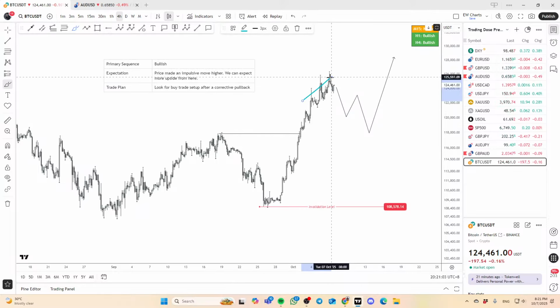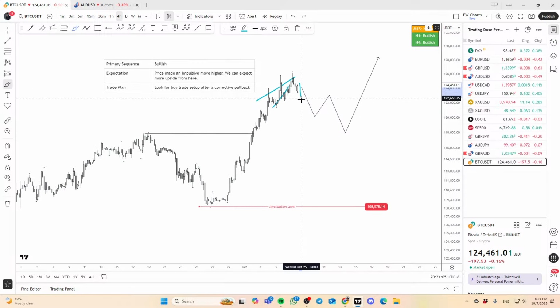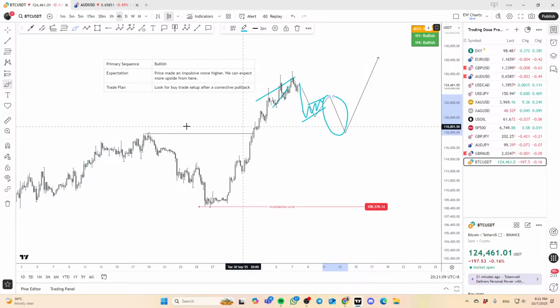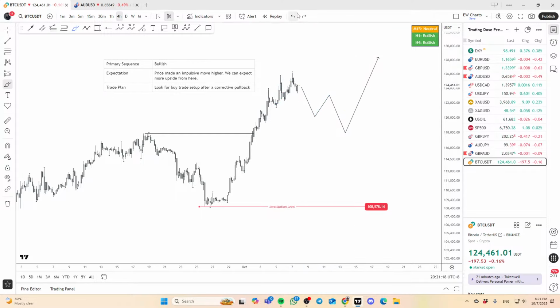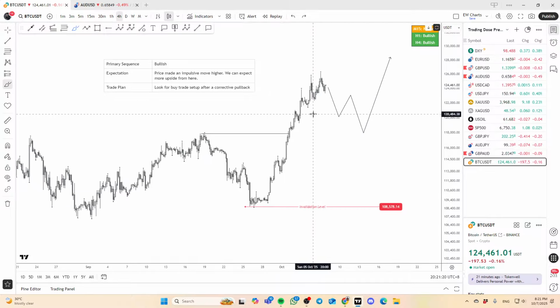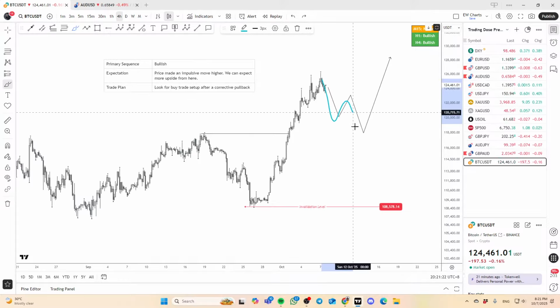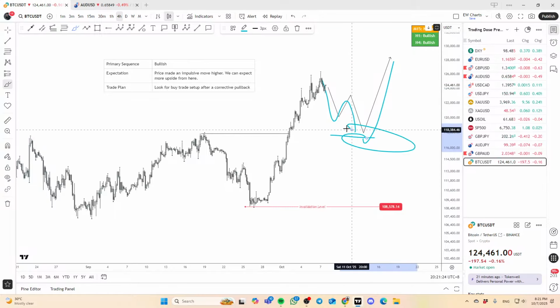If you take a look at this from a structure perspective, you want this to come down impulsively, then do a corrective pullback. This is your opportunity to sell. Then of course you've got your liquidity sweeps, a change of character, a break of structure, and of course the setup comes in. If you're more interested in the longer term, then just wait for this to complete and then you look for the buy here.